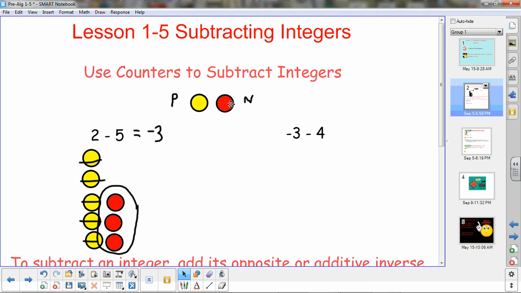In the second example, negative 3 take away 4, I'm going to start with 3 negatives. Now if I want to take away a positive 4, I don't have any positives to take away, so I'm going to go ahead and add some zeros until I have 4 positives that can be taken away.